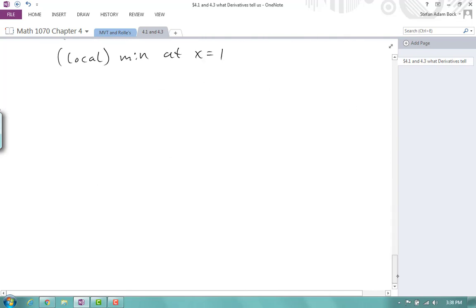But this process might not be exactly the same for all functions, because, for example, I could have a very strange function which looks like this.